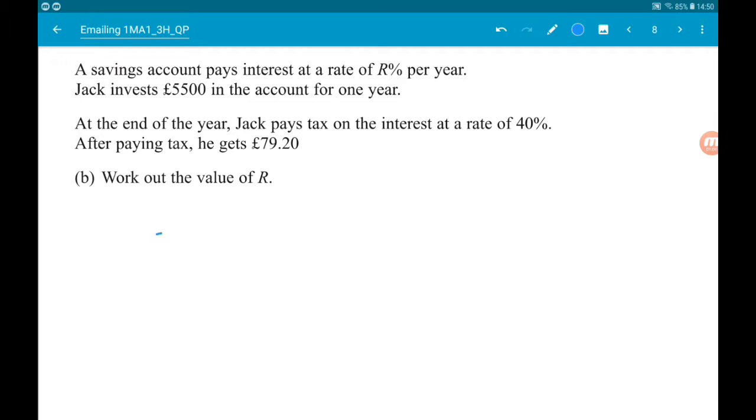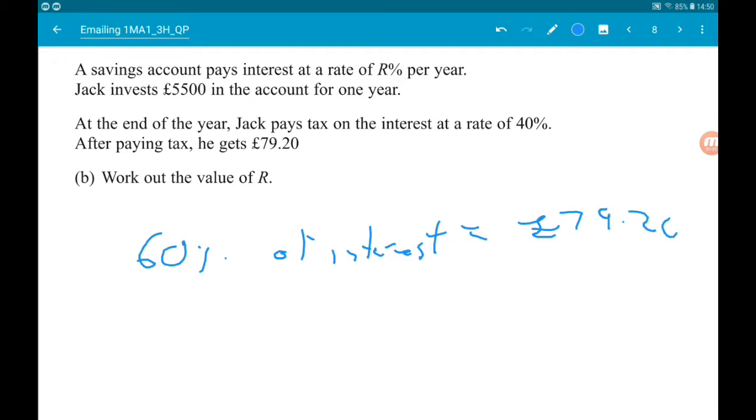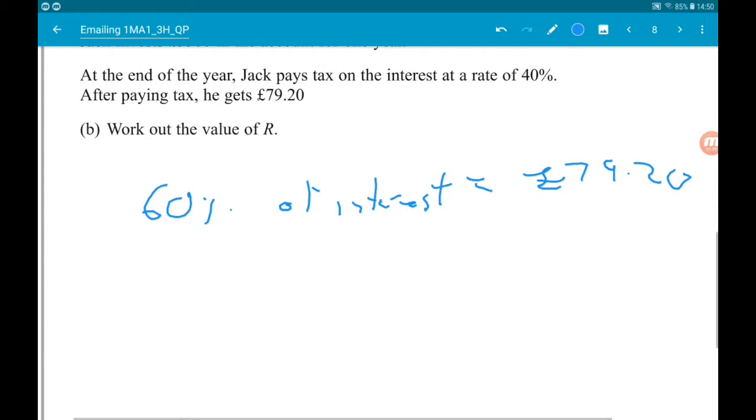So we can say 60% of the interest is equal to 79.20. Now, what we need to do from that is find what the interest was, and then we can find out what percentage the interest pays.